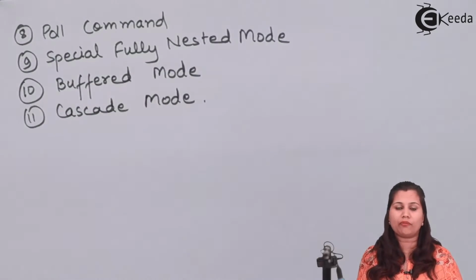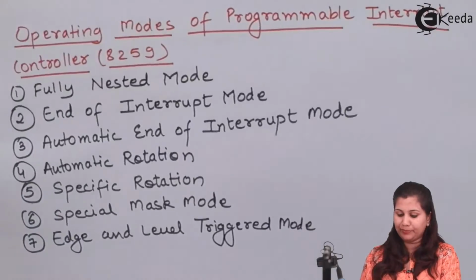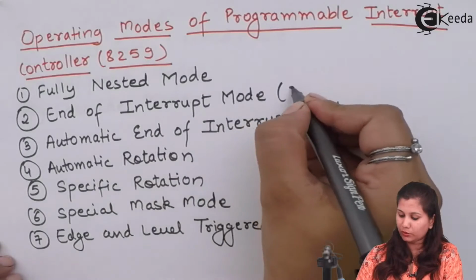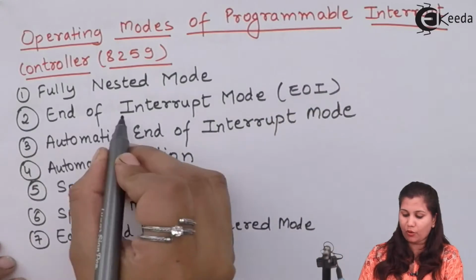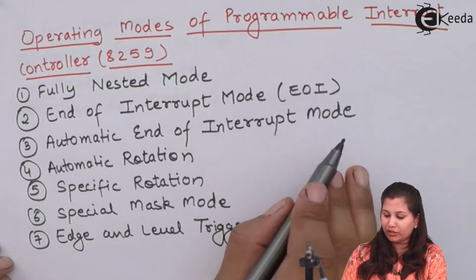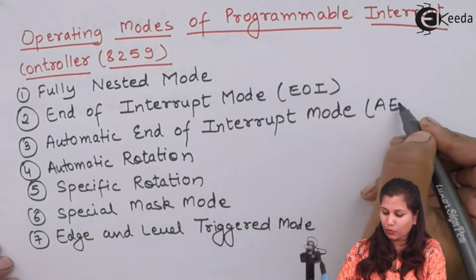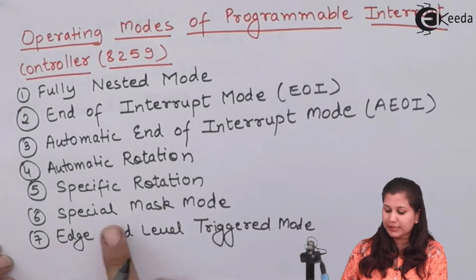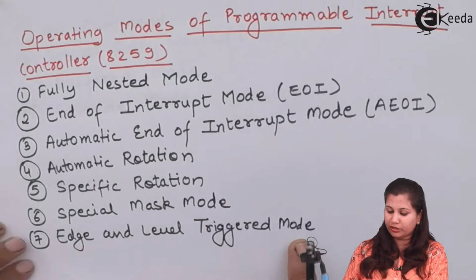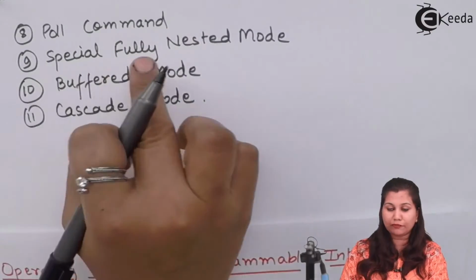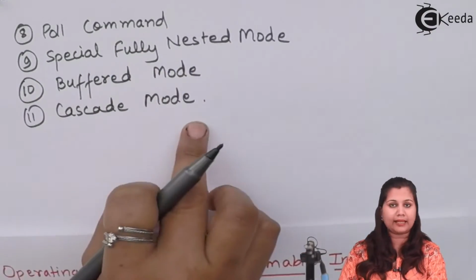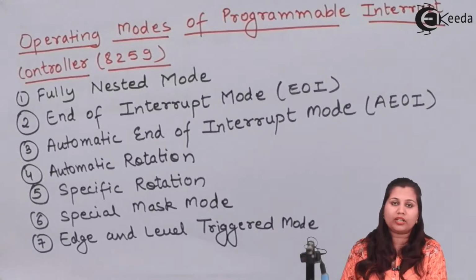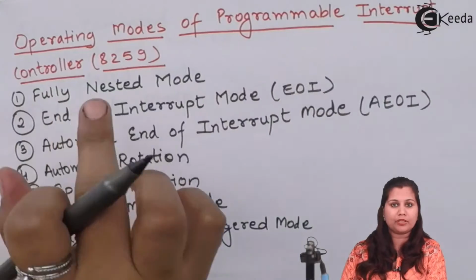So there are 11 modes of operation of the 8259 IC. First is fully nested mode, then end of interrupt mode, which is also EOI, then automatic end of interrupt mode, which is known as AEOI mode. Then we have automatic rotation, specific rotation, special mask mode, edge and level triggered mode, poll command, special fully nested mode, buffered mode, and cascade mode. So these are the 11 operating modes of the 8259 Programmable Interrupt Controller.